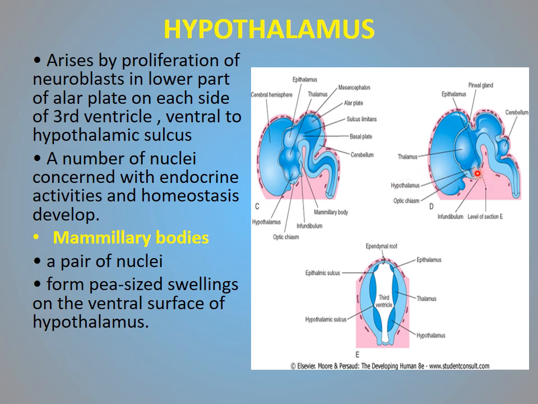Later on, this hypothalamus develops nuclei which are concerned with endocrine activities and autonomic control. Later on, there is also another pea-sized swelling that appears on the ventral surface of the hypothalamus. That is a pair of nuclei which are called the mammillary bodies.